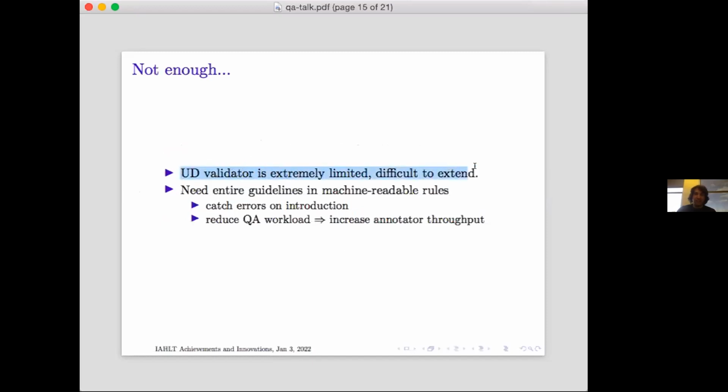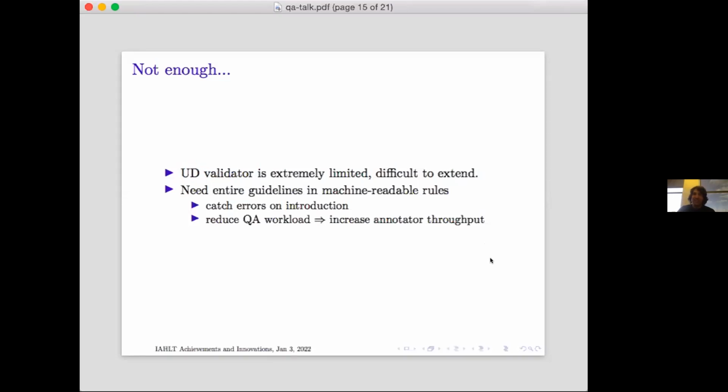If you took a look at those levels, nowhere did it say anything about any real relationship between features and parts of speech, or how relations interact with parts of speech. A very small portion of our guidelines can be expressed in terms of the official Universal Dependencies validator, and the goal is to catch any violation of the guidelines using machine readable rules.